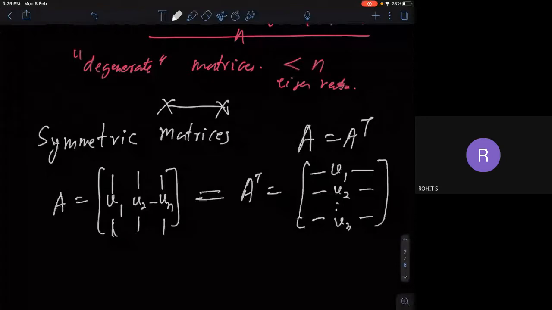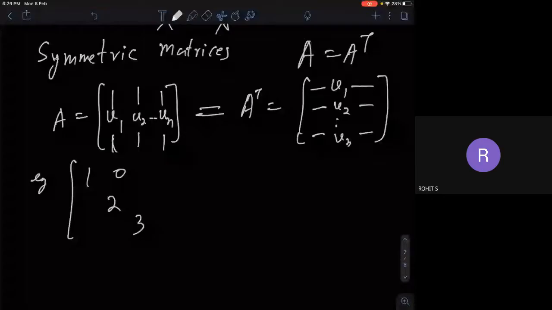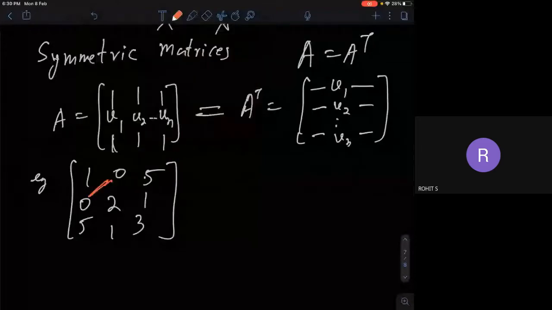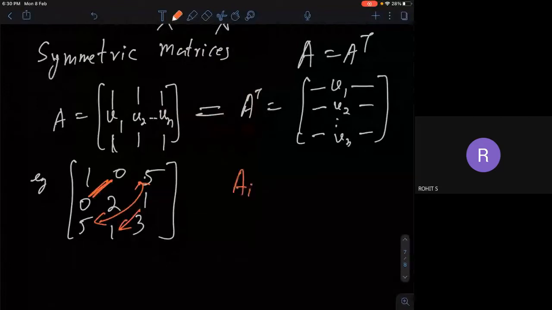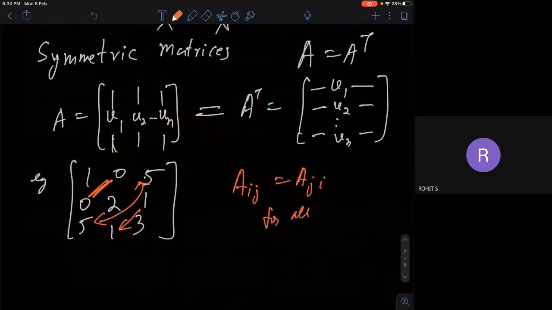For example, 1, 2, 3, 2, 0, 5, 5, 1, 1. As you can see, these numbers are the same, and these numbers are the same, and these numbers are the same. Or A_ij is equal to A_ji for all i and j. These are the definitions of a symmetric matrix.